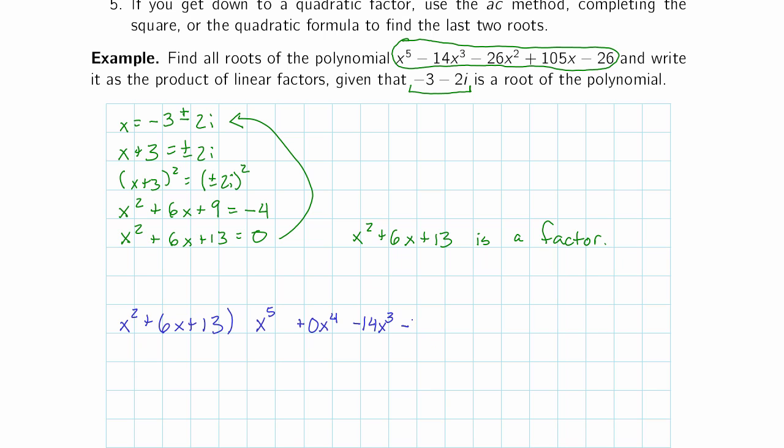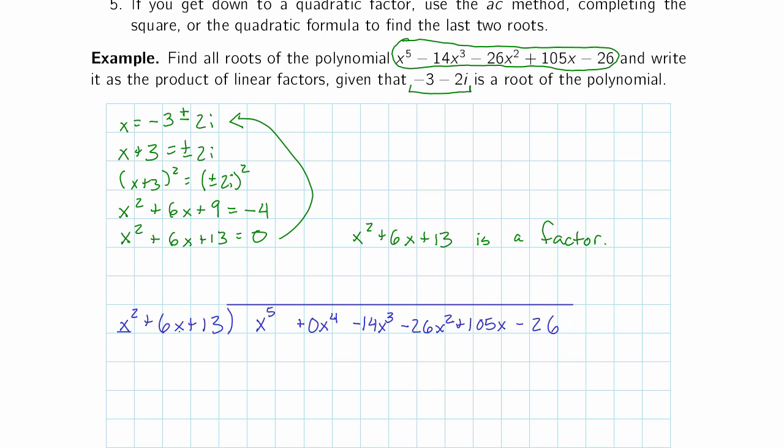I have a minus 26 x squared. I have a 105 x. And I have a minus 26. Again, I have to use regular polynomial long division because I'm dividing by something with an x squared in it.